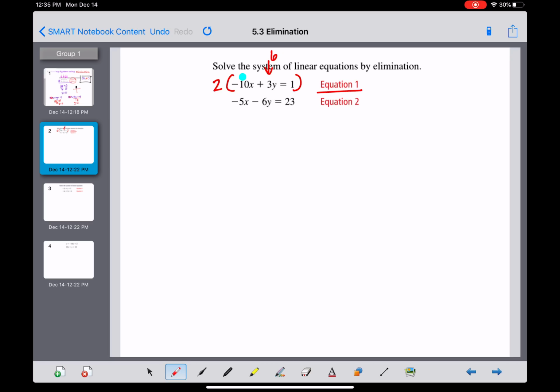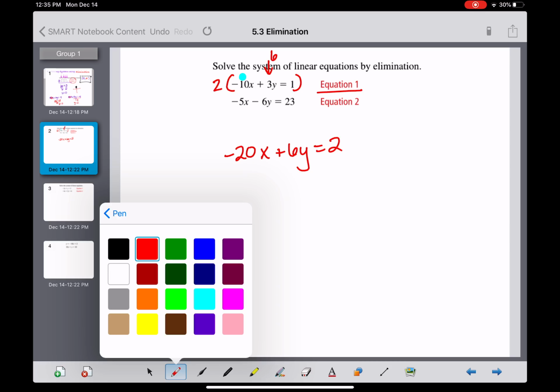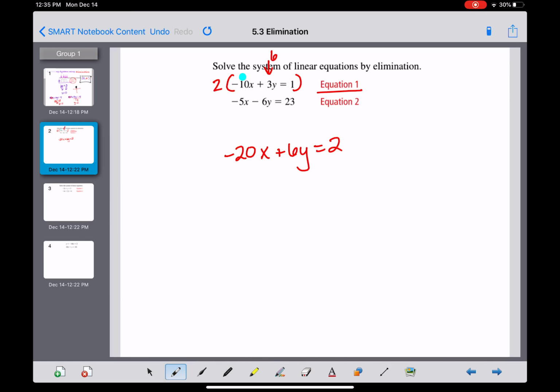So I end up with -20x plus 6y is equal to 2. I like to rewrite my second equation underneath just to keep my work organized. So equation number 2 is -5x minus 6y equals 23.